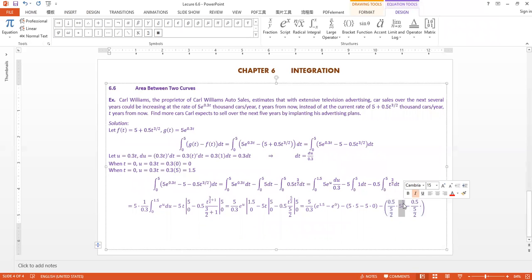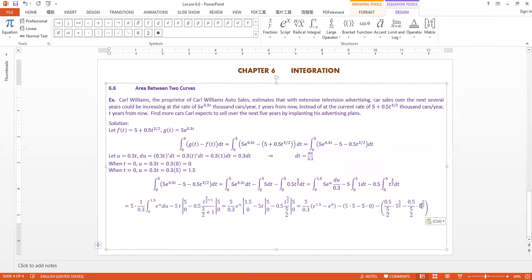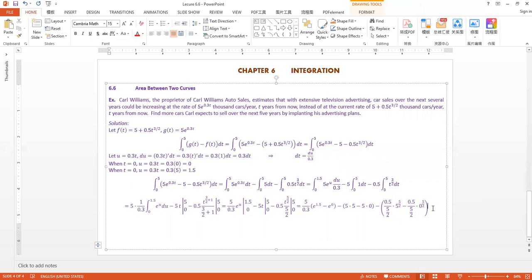Okay, so let me just copy that and change that to 0. But we know that will be 0 anyway. So that's the numbers. So now we just need to figure out the numbers. Okay, let's just simplify this thing a little bit.